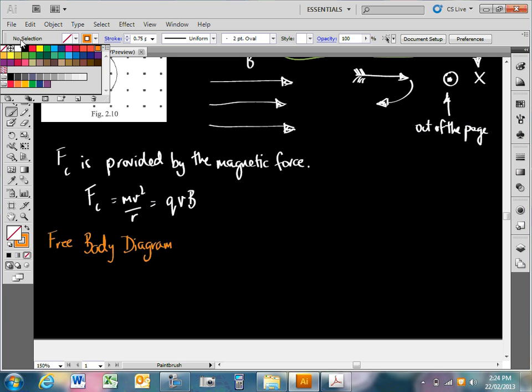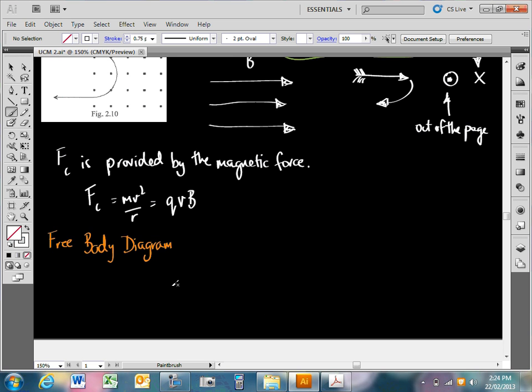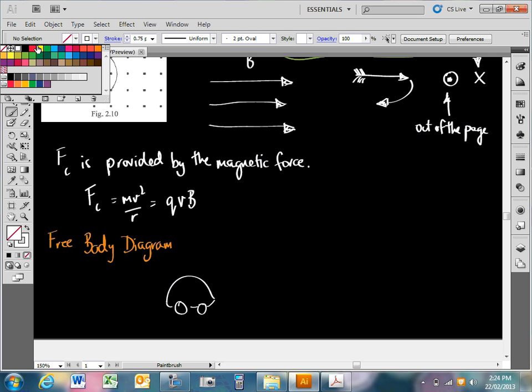If I draw us a car, here's my car, the bubble car. What forces are acting on that car? Right, please, talkers. If you're talking, I think you're not listening. Thank you. What forces are acting on this car?